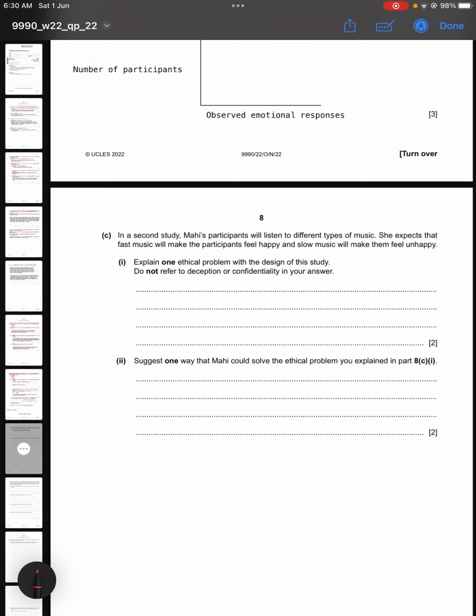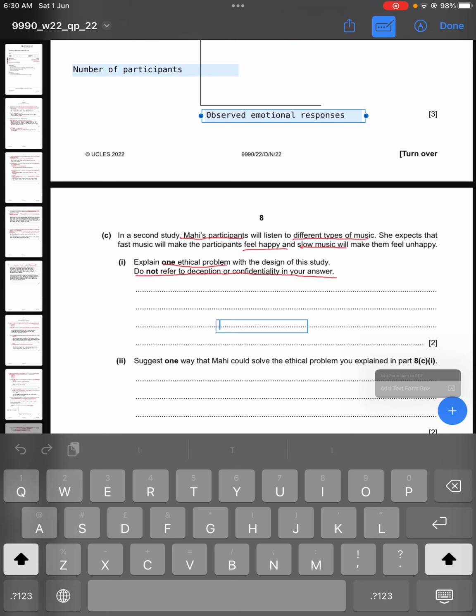Part C says in a second study, Mahi's participants will listen to different types of music. She expects that fast music will make the participants feel happy and slow music will make them feel unhappy. Explain one ethical problem with the design of this study, and you do not need to refer to deception or confidentiality in your answer. So you can write about psychological harm. How?